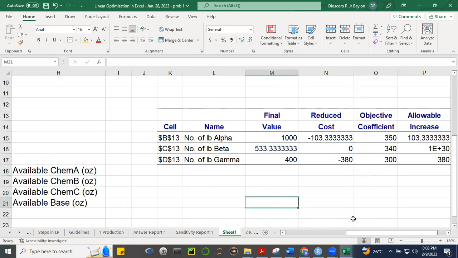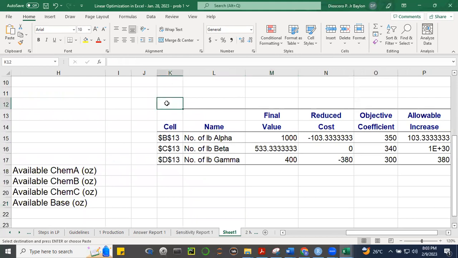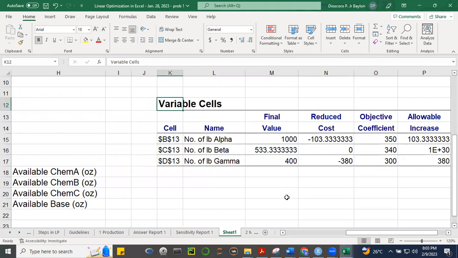Okay. Could you please kindly take a look at your sensitivity report for our variable cells? Ano ba ito? Control C. Lagay ko dito. Okay. All right. The name is sensitivity report, diba? Sensitivity report.